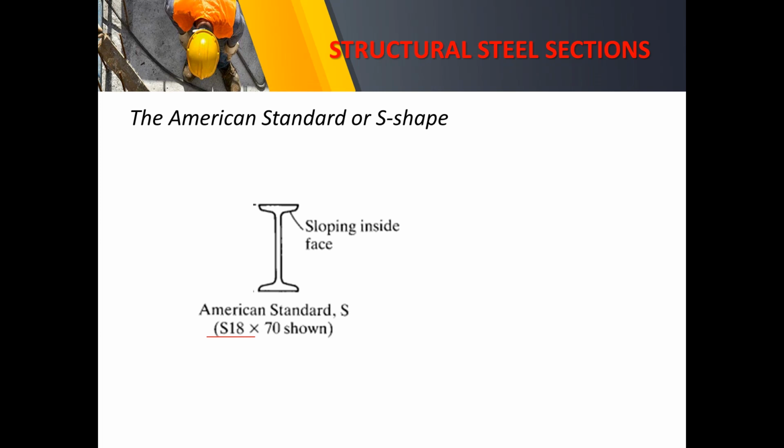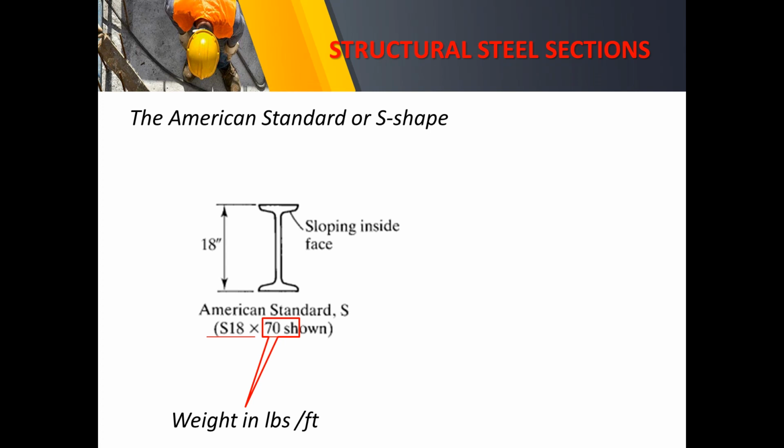So S18 here similarly denotes your overall depth of the section. So S18 has an overall depth of 18 inches, while the 70 here is also its weight in pounds per feet.